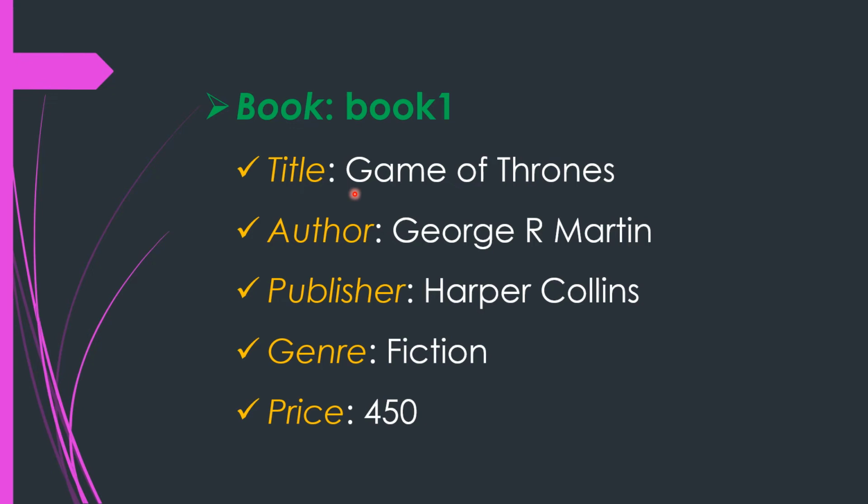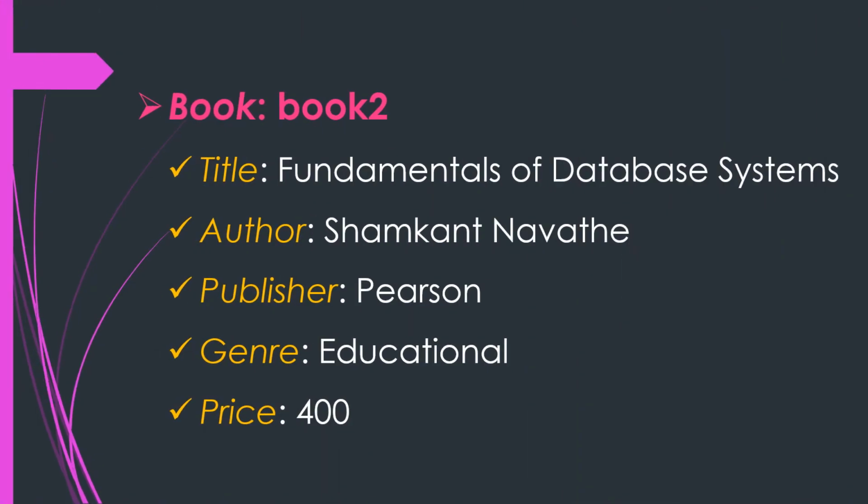As I told you in the very beginning, for all objects, the attributes will be the same. Means title, author, publisher, all these things will be the same, but the details of these attributes will be different. For example, you can see for book 2, which is another object, we have a different title, different author, different publisher.